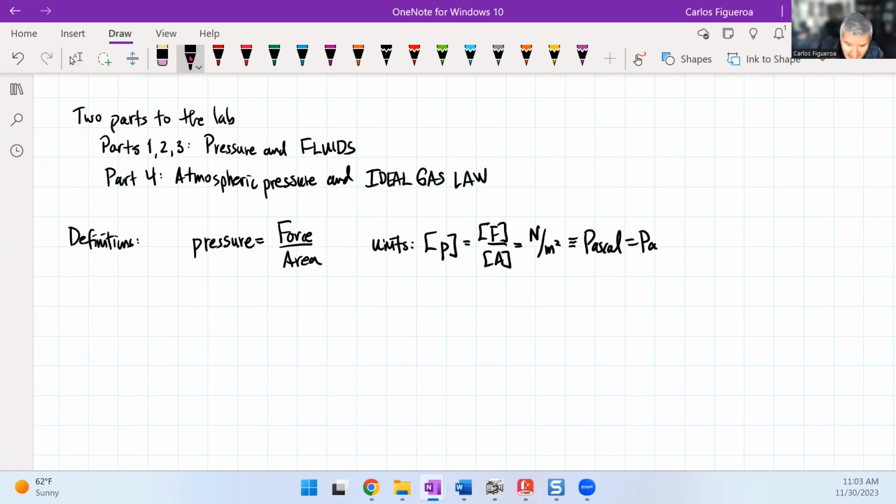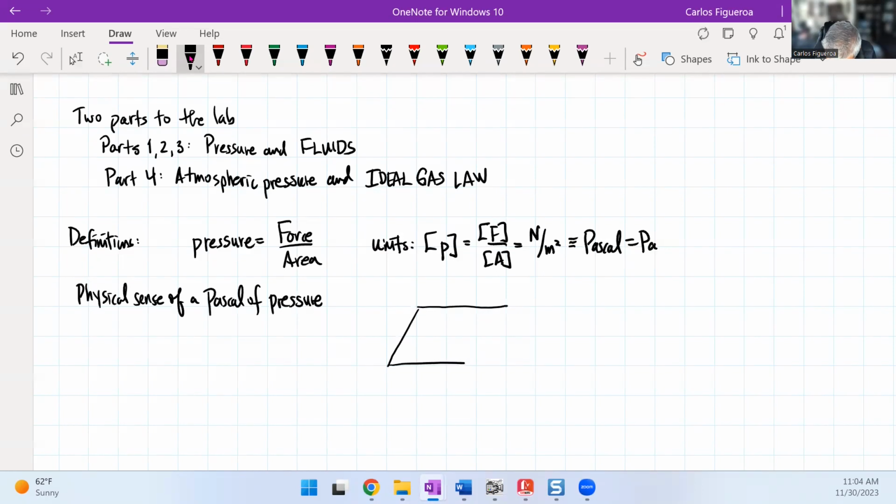So to get a physical sense of a Pascal of pressure, imagine that you have a table. So this is your table right here.